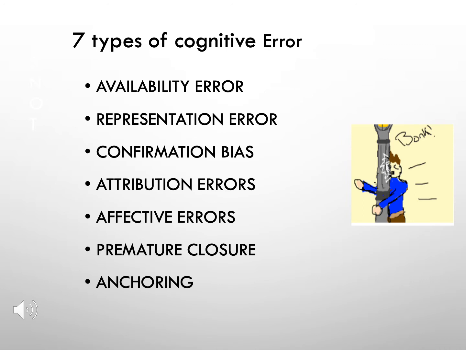Because of heuristic thinking, we clinical people are susceptible to 7 types of cognitive error. There's availability error, representation, confirmation bias, attribution errors, affective errors, premature closure, and the mother of them all, anchoring. I know them well, I've committed them all.